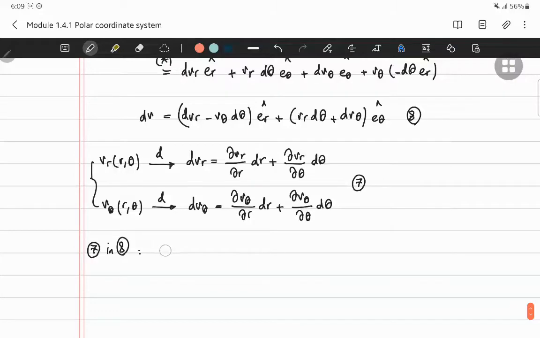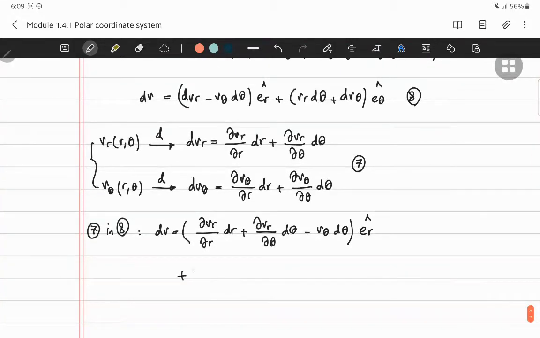So dv is equal to the partial derivative of v_r with respect to r dr plus the partial derivative of v_r with respect to theta d theta minus v_theta d theta, this is e_r, plus v_r d theta plus the partial derivative of v_theta with respect to r dr plus the partial derivative of v_theta with respect to theta d theta, and this is e_theta. Perfect.